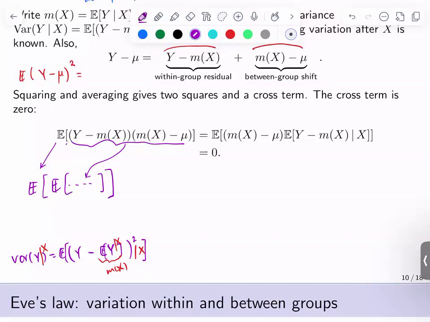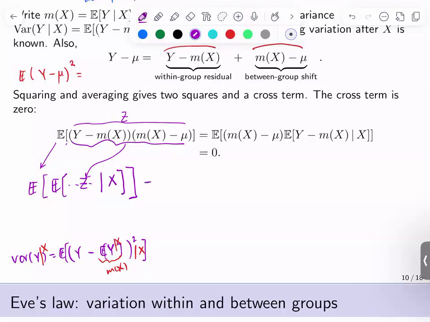I have to condition on something, and I condition on x. Otherwise it's vacuous. Okay, so this is some random variable, let's call it z. This whole thing is z. So I'm computing the expectation of z, and the expectation of z is really the expectation of z conditional on x. That's Adam's law.